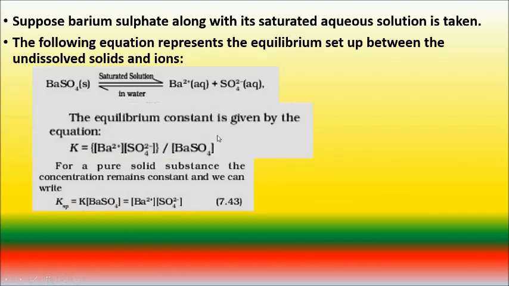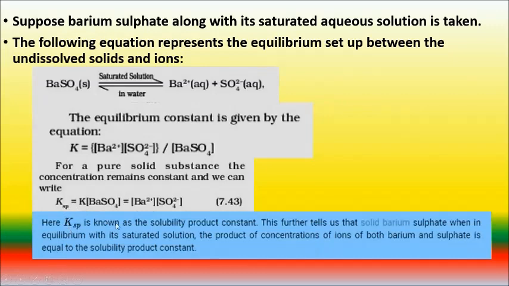For a pure solid substance, the concentration remains constant, and then we can write the equation as KSP is equal to K into the molar concentration of BaSO4, which is equal to the molar concentration of Ba2+ into the molar concentration of SO4 2-.